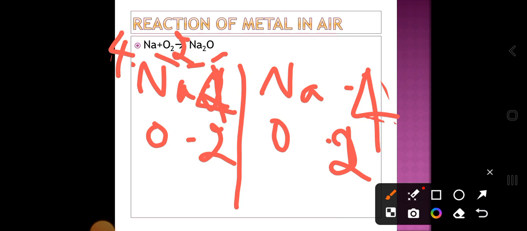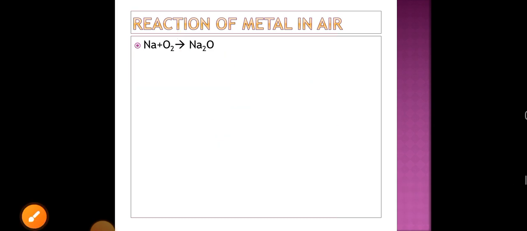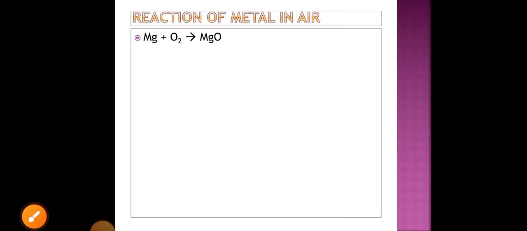Now let us just go through this equation again: 4Na plus O2 giving rise to 2Na2O. Totally, how many sodium atoms are there? Four sodium on both sides. And how many oxygen are there? Two oxygen on both sides. So this way we have to balance the equation.